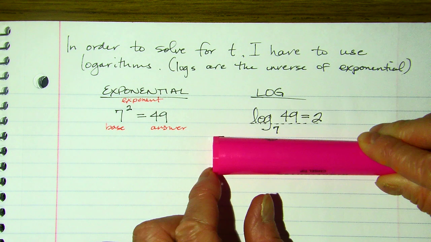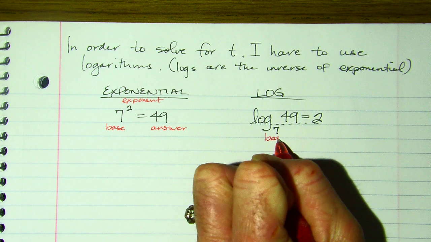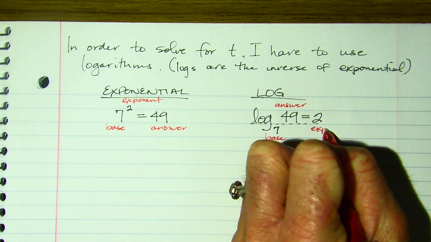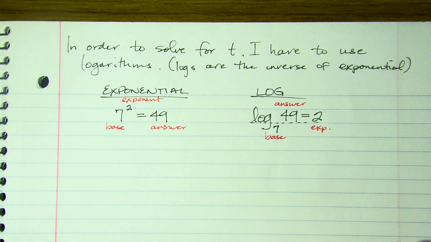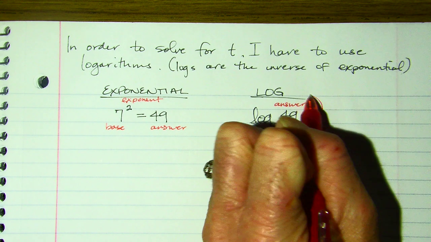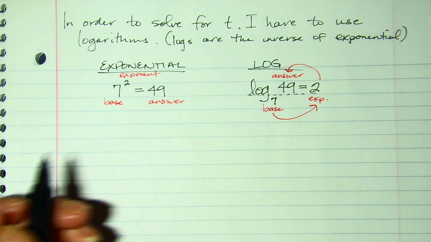You just drop the base below. So notice over here it goes base, answer, exponent. So someone told me you can read this clockwise, like 7 squared equals 49, so you can go in a clockwise circle, whatever helps you out, okay?